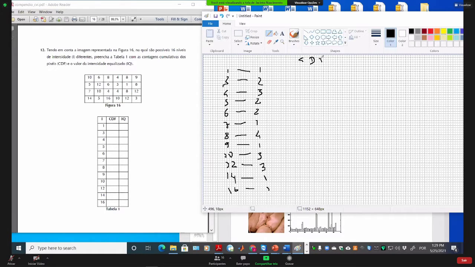So computing the cumulative distribution function, you have 1, 3, 6, 8, 10, 11, 15, 16, 19, 22, 23, and 24.